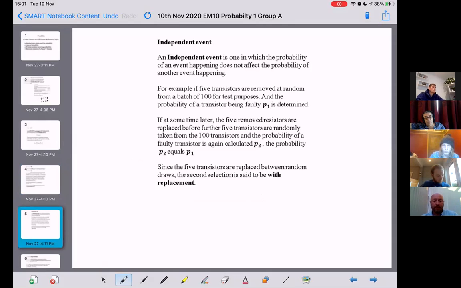An independent event is one in which the probability of an event happening does not affect the probability of another event happening. If we take a similar example, 5 transistors are removed at random from a batch of 500 and we calculate the first probability P1, just like we did before, but this time, at some later point, the 5 removed transistors are replaced before randomly selecting a new sample.